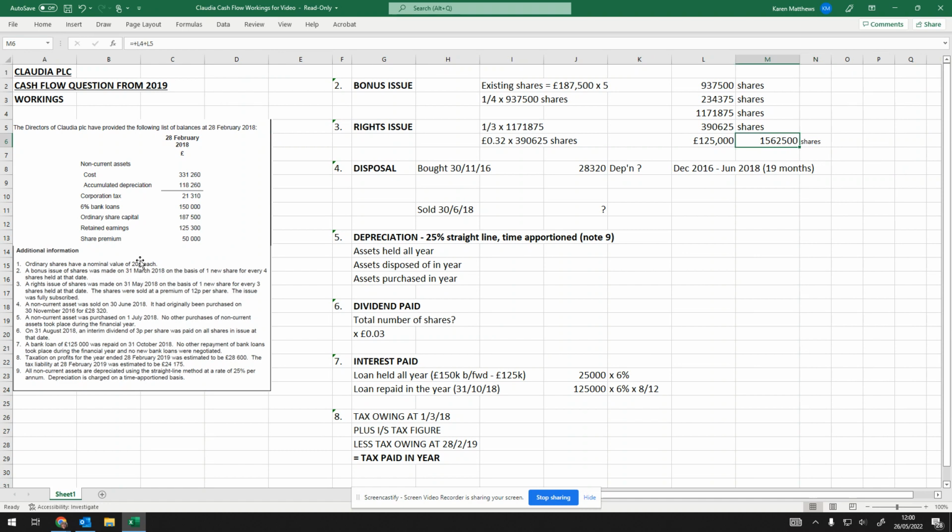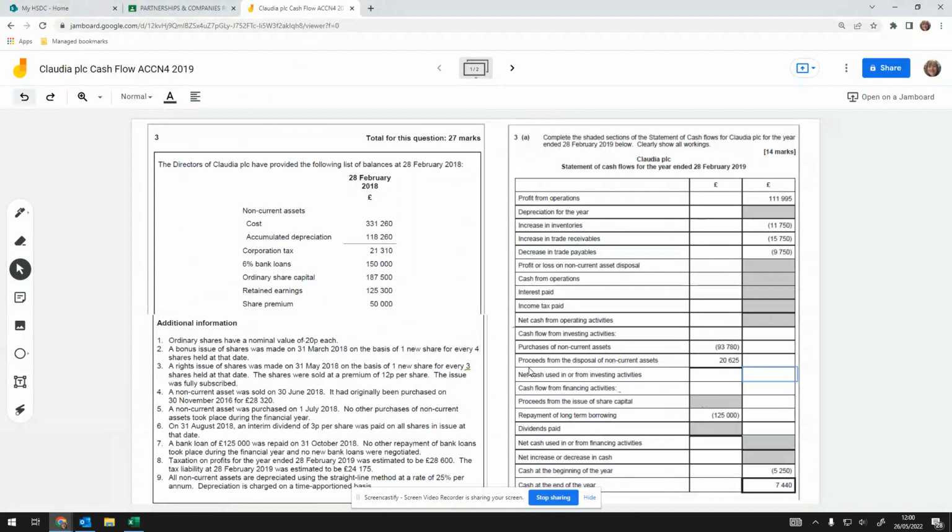So we've actually got 1,562,500 shares. So that figure, I'm going to put that in bold, is going to need to go onto our cash flow. So that £125,000 is going to go as a receipt, and it's going to be under the financing activities there. So let me just pop that in while I remember.